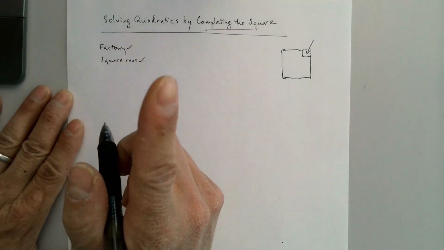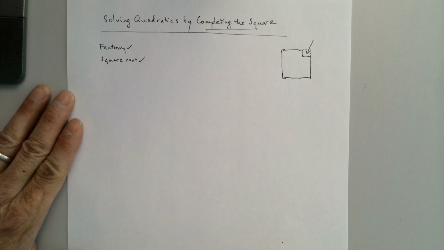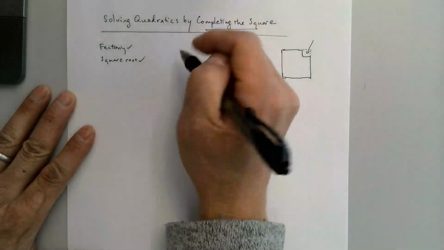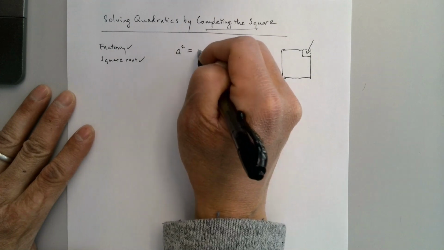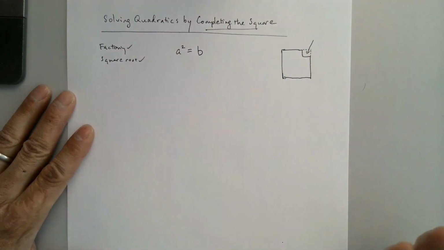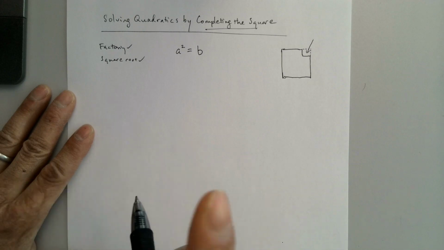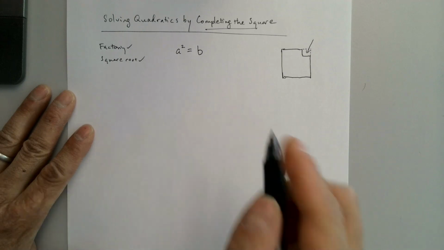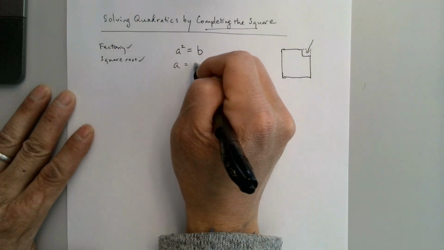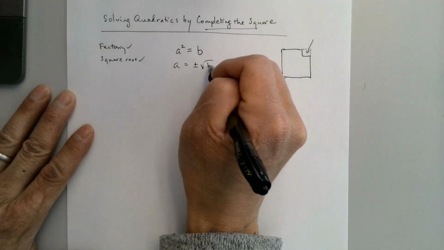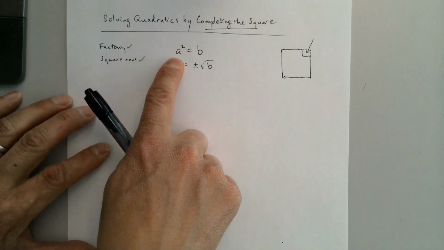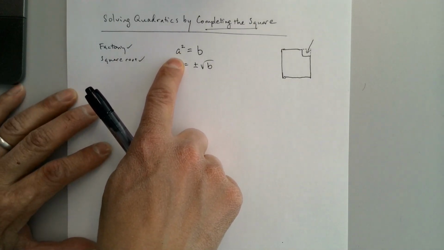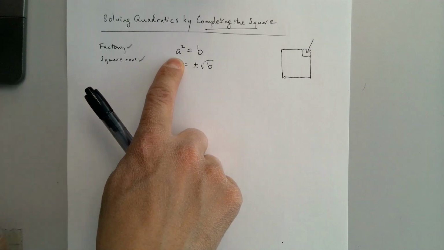And there's one thing I want you to remember from last time when we talked about solving by square root. I want you to keep in mind that if we have something squared equaling something else, we can always take the square root of both sides to get a equals plus or minus square root of b. But I want to emphasize that this a is not always a single variable.